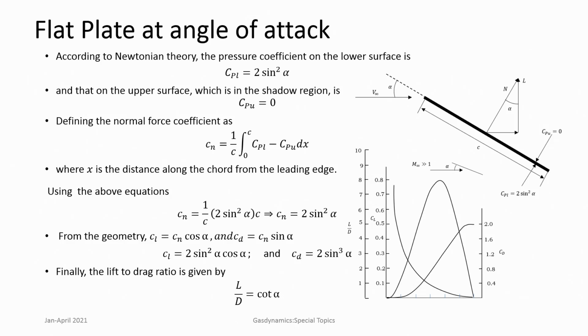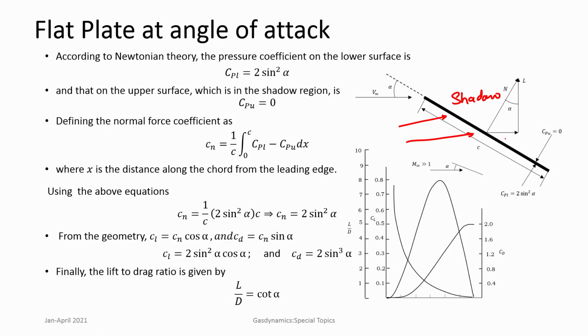For example, if you consider a flat plate at an angle of attack alpha, then we can find what is the force on this plate. The region behind the flow, that is the shadow region, has 0 pressure, that is what is taken.